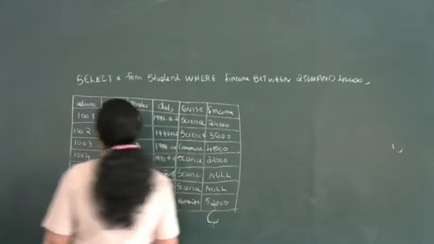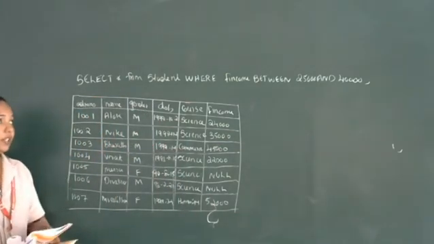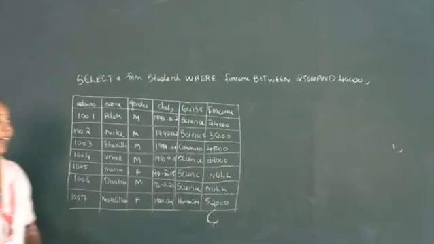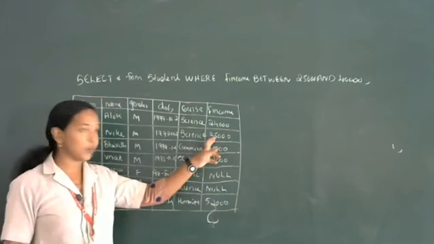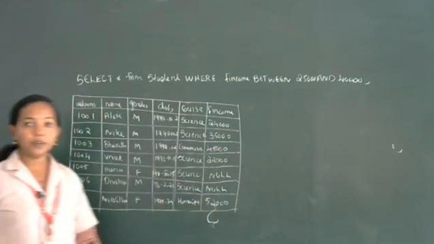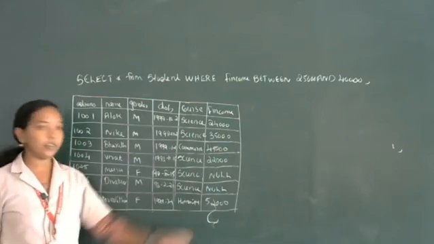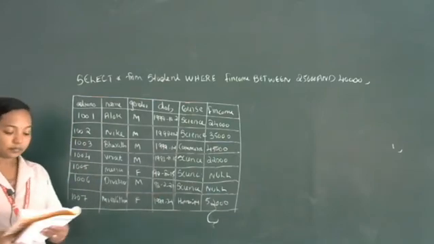Select star from student where F income between 25,000 and 40,000. The second row, third row and also the last row will come, because all these three rows are satisfying the condition.